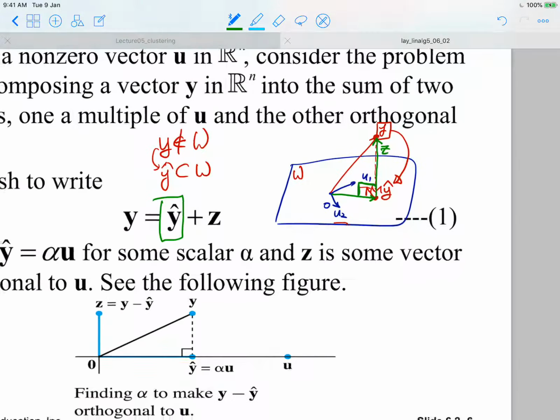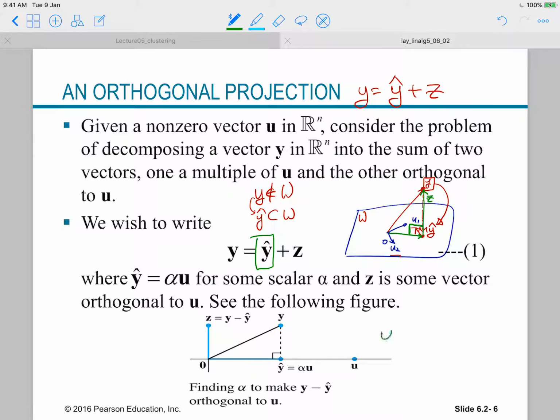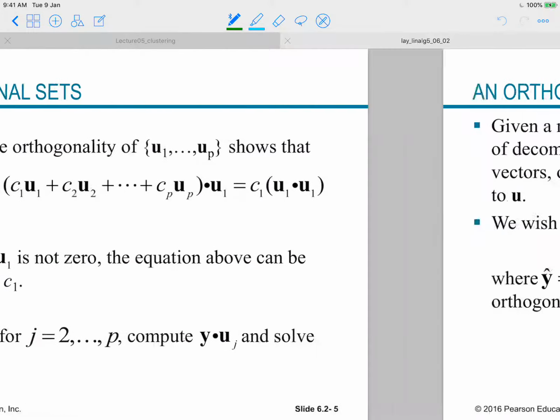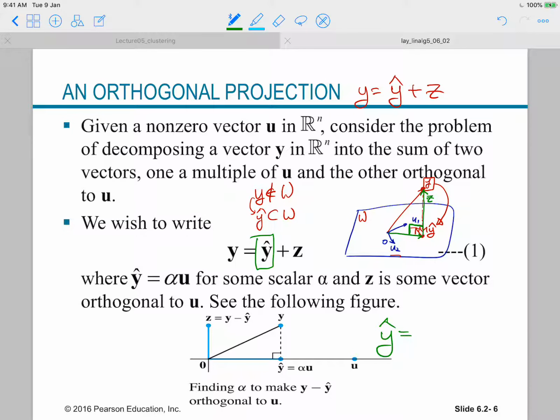You just treat this y as a point inside of W, and then you obtain the linear combination representation with respect to our orthogonal set. That is your y hat.